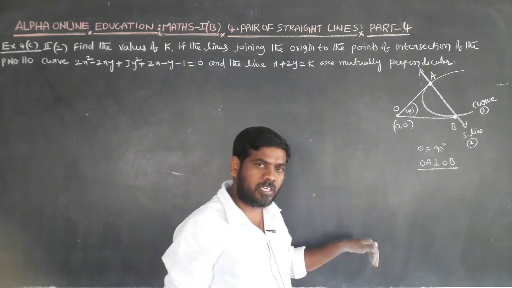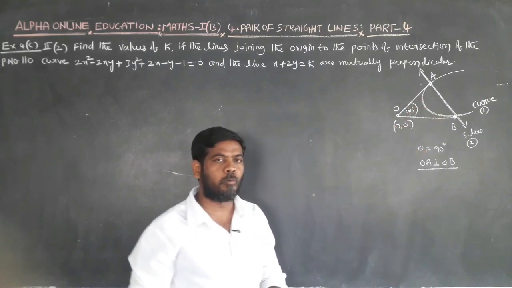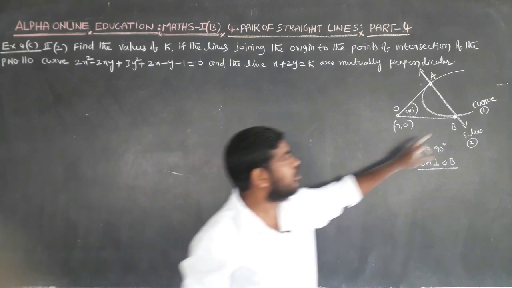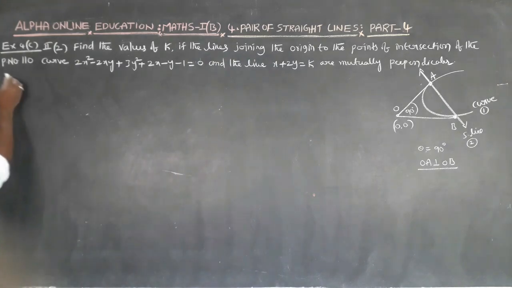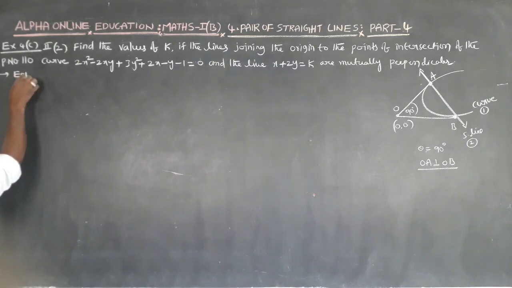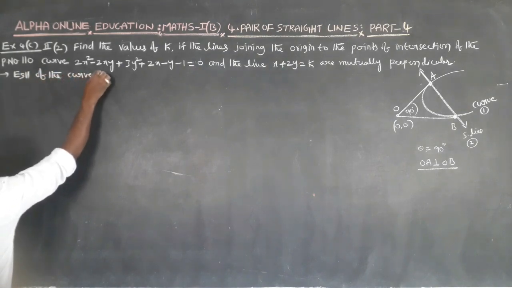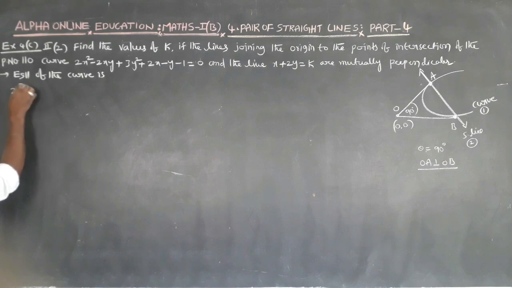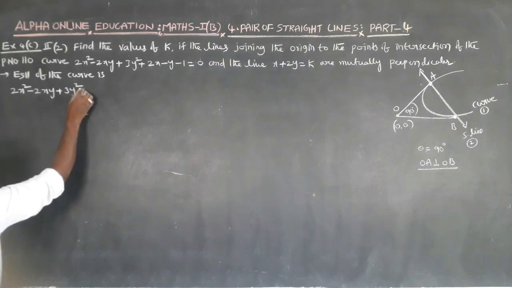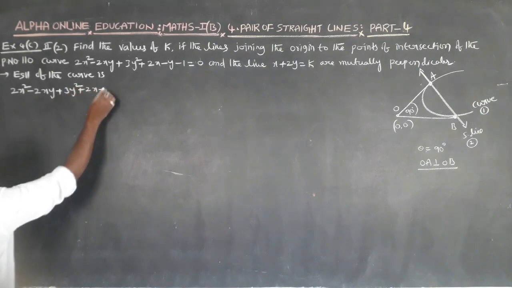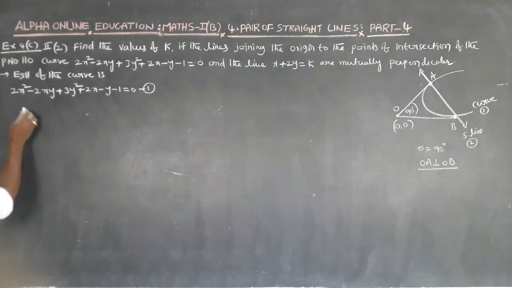So first of all we find the equations of the lines OA and OB, by homogenizing the curve with the help of the straight line. The equation of the curve is 2x square minus 2xy plus 3y square plus 2x minus y minus 1 equal to 0.